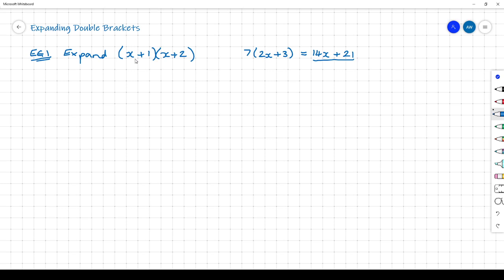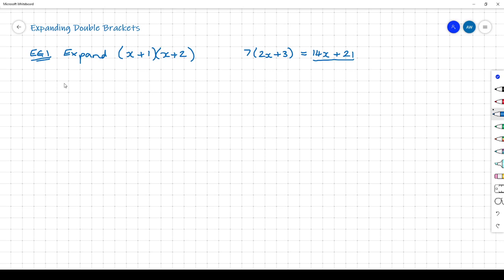In the same way, everything outside this x plus 2 bracket, which is x plus 1, must be multiplied by everything inside it. So the x and the 1 must multiply the x and the plus 2. How do we do that? There's a couple of ways of looking at it.